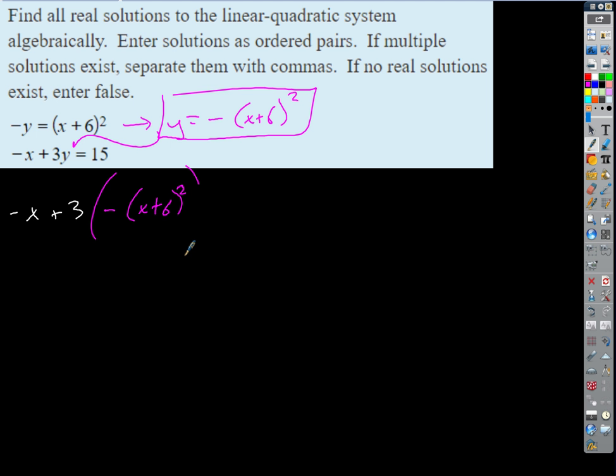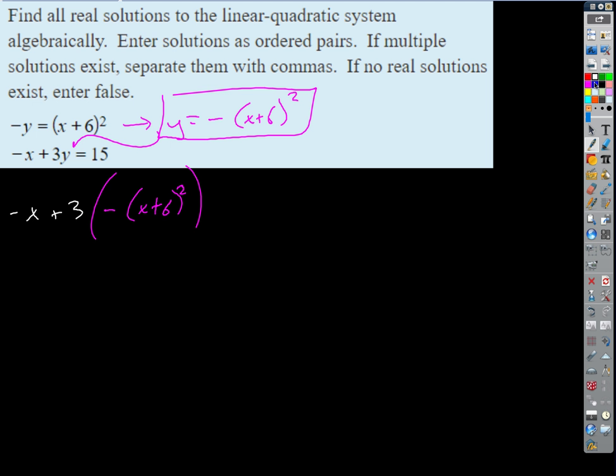Like that, right? Everybody agree? Why is it double? Well, because I'm multiplying 3 times that whole thing, times everything up there. If I didn't have the other set of parentheses, it'd look like 3 minus something, but it's not. It's 3 times negative quantity x plus 6 squared.